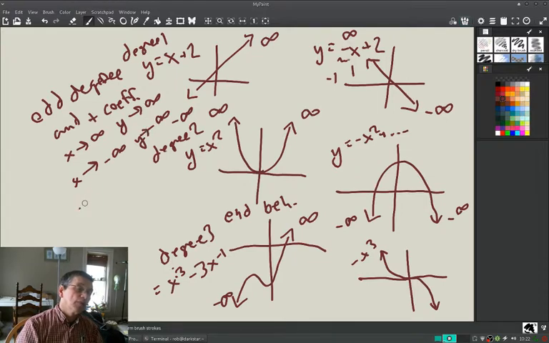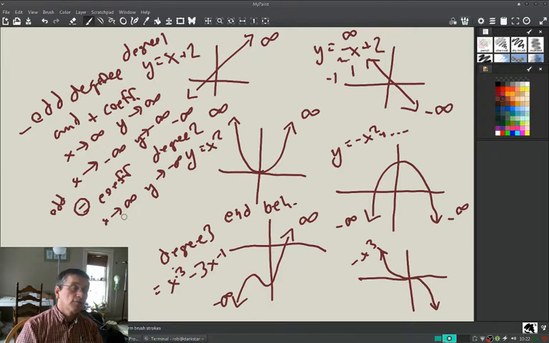If it's a negative coefficient, and still an odd degree, then it does the opposite. As x goes to infinity, y goes to minus infinity. That's this case, or this case. That's the end behavior. I won't write it down.